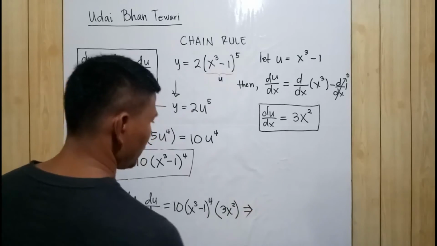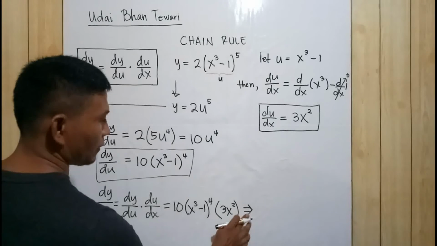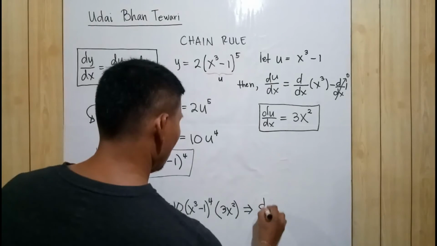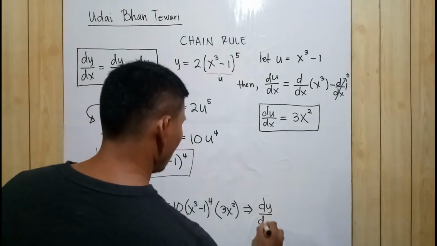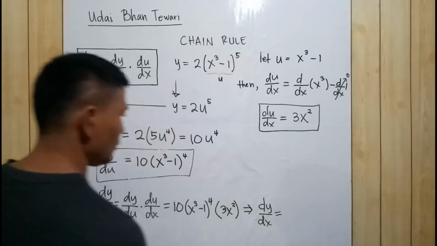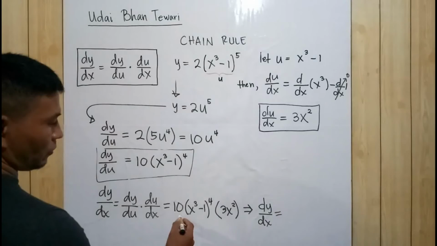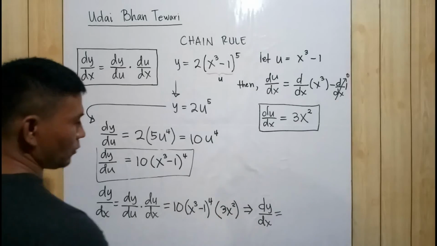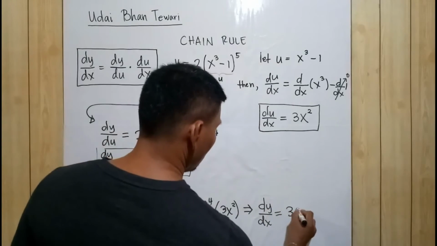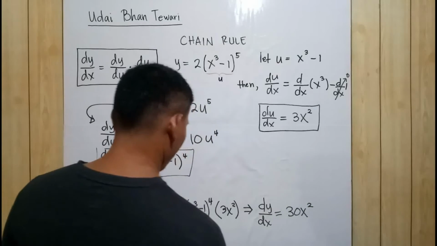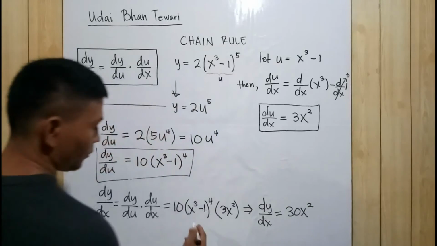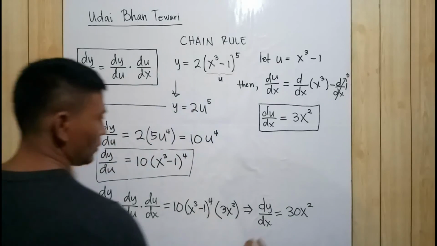It follows that our dy/dx is equal to, multiplying 10 to 3x squared, 30x squared, and what remains here is x cubed minus 1 to the 4th power.